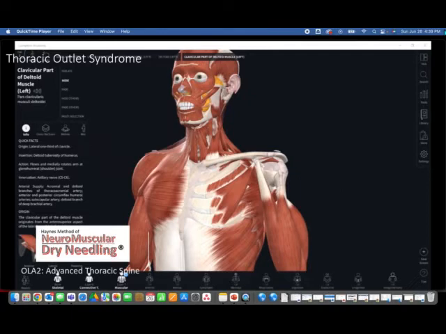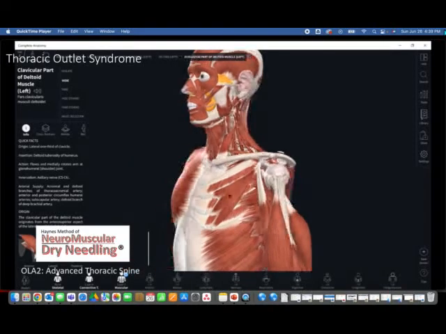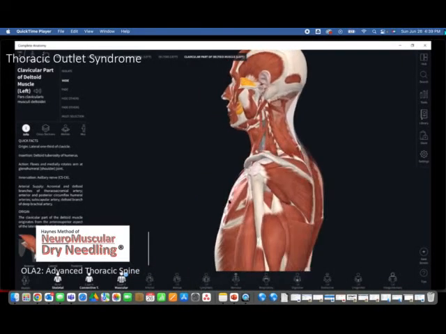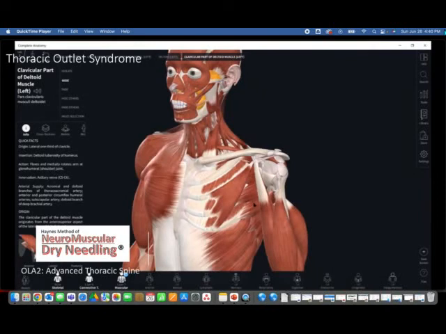Our primary structures will initially be pectoralis minor, biceps brachii short head, and coracobrachialis. Second, we will look at the serratus anterior and the upper trapezius.